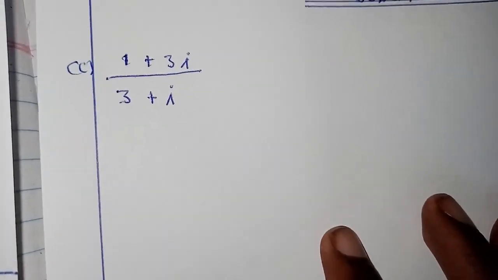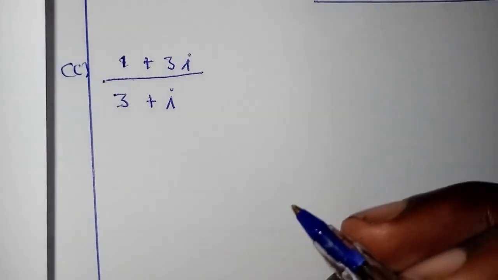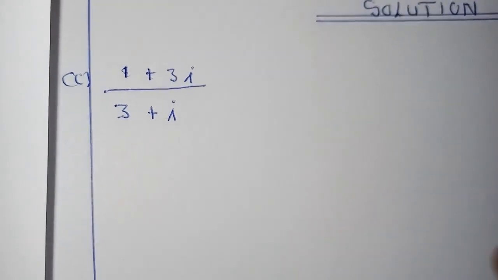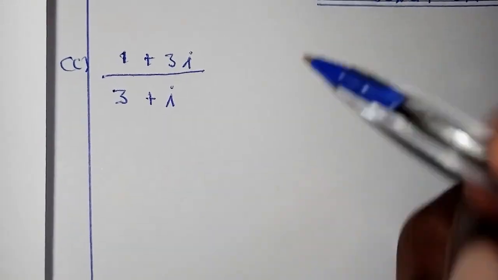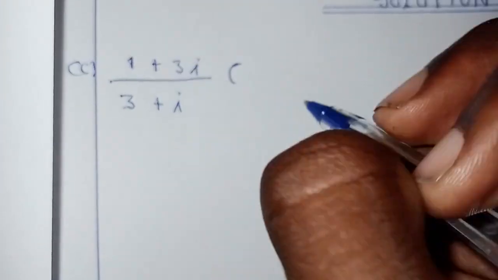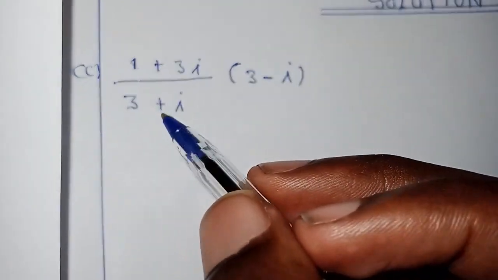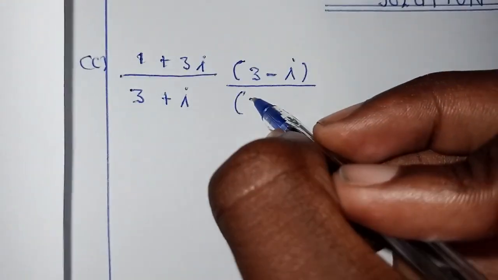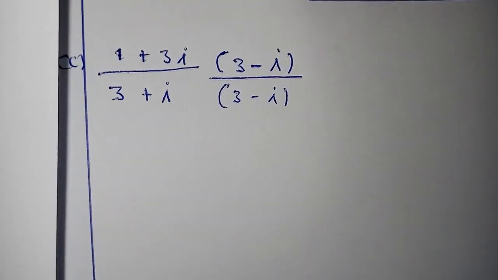So now here, whenever you're given such a question, don't even waste time, just find the conjugate. Remember, under sets, what I taught? What is the conjugate of the denominator? Its conjugate is simply 3 minus i. To conjugate is simply to change the sign here. Then over 3 minus i, like that.